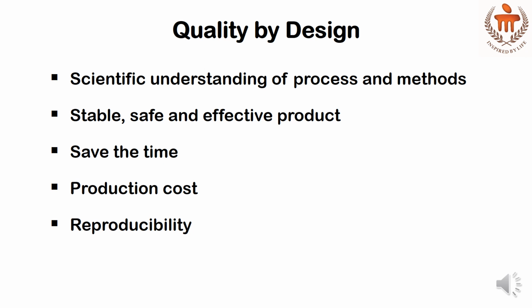How can the production cost and the time be saved by applying the QBD? It can help to avoid the cost involved in multiple trials, because with the help of this you can easily assess what are the risk factors involved and how these risk factors can increase the cost proportionally if we study them individually.